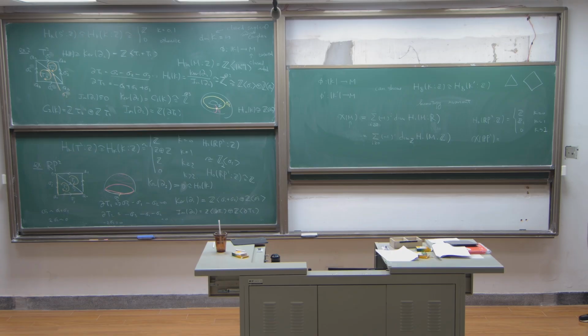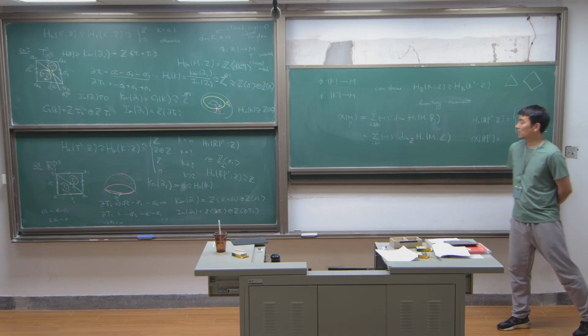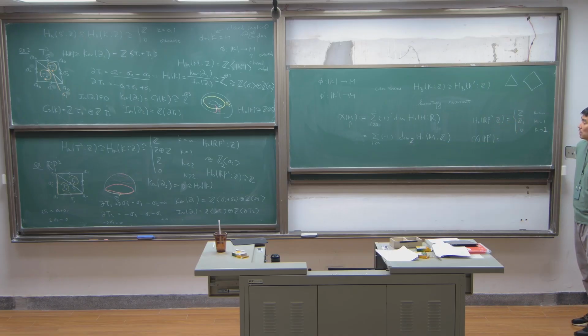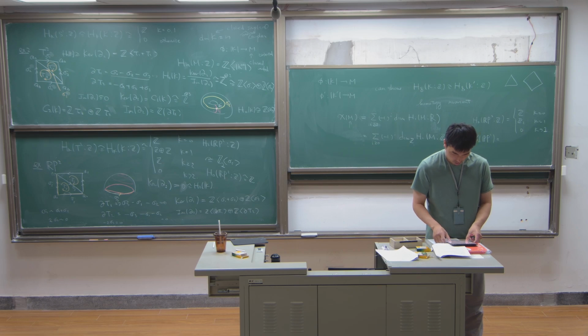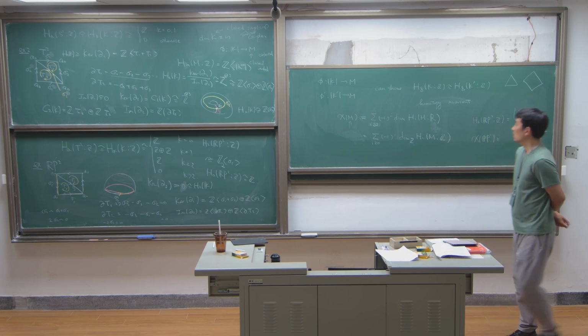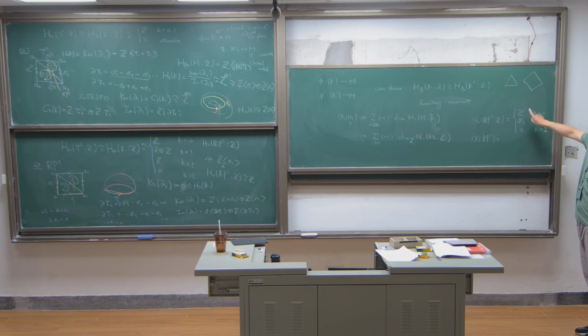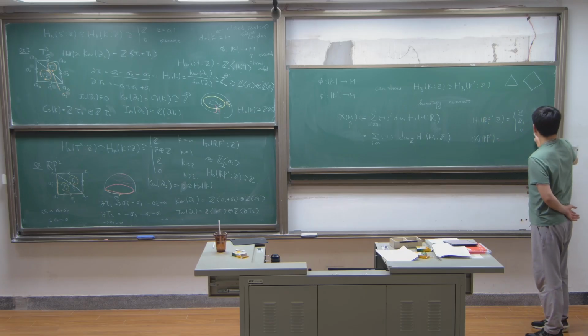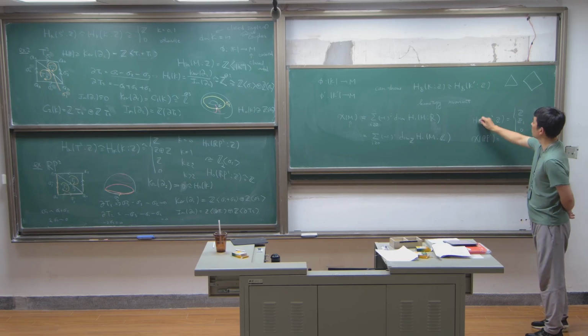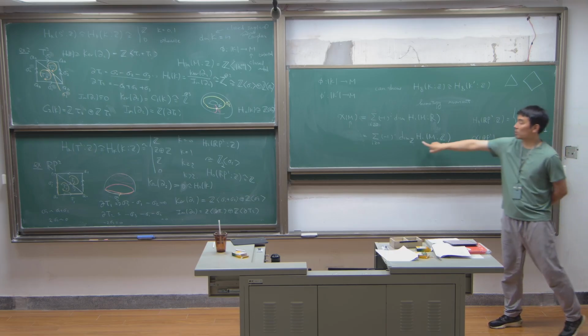You just count the dimension of Z. In the 0th degree, you just contribute dimension of Z, which is 1.